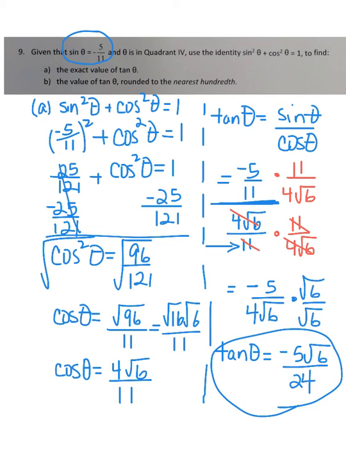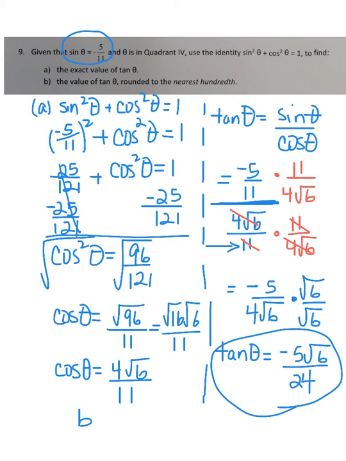Now in part A, they asked for the exact value. So remember that the exact value is always a fraction. So this is our exact value. If you look at part B, and I'm going to squeeze that in here at the bottom, I'm sorry if it's a little messy, it says to find the value of tan theta rounded to the nearest hundredth.